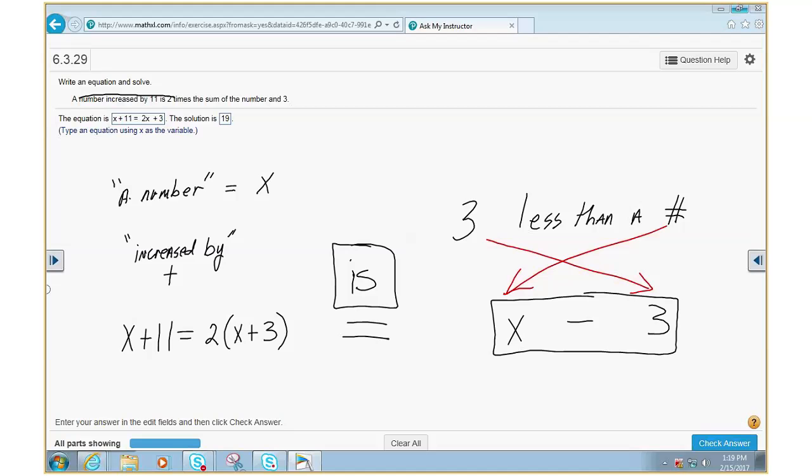Now that should be the answer. Now what's wrong with the answer that's in the box? 2 times the number plus 3. The 2x plus 3 says 2 times the number plus 3. That's not what the question says. The question says 2 times the sum of the number and 3. The sum of the number and 3 is x plus 3.